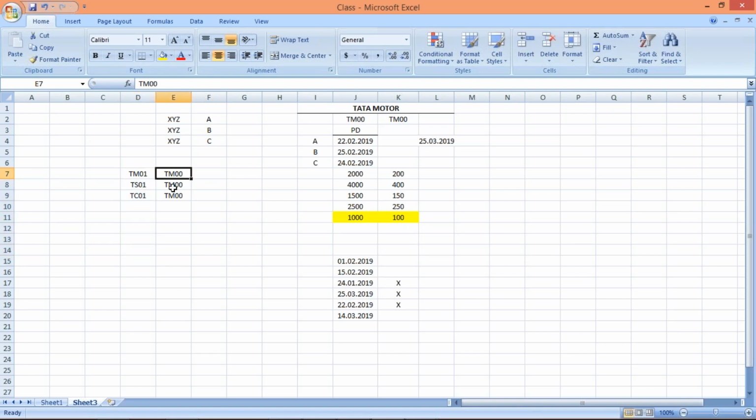If you close a particular period, then that period is going to be closed against all 100 company codes.